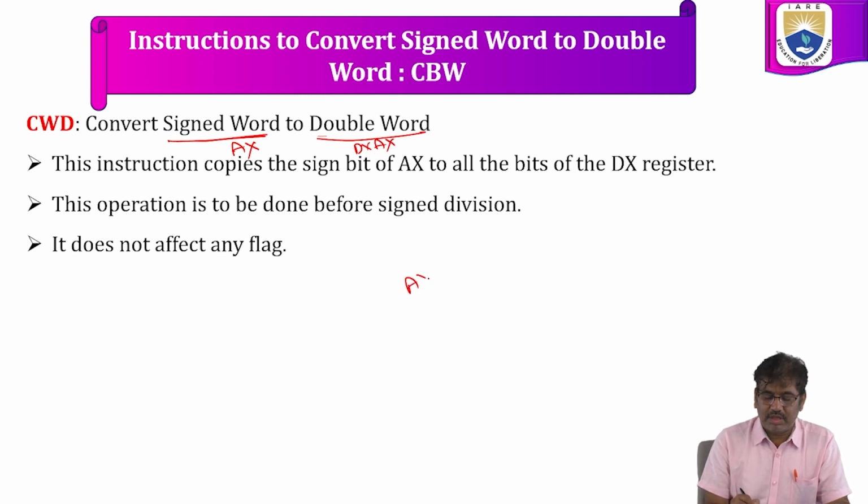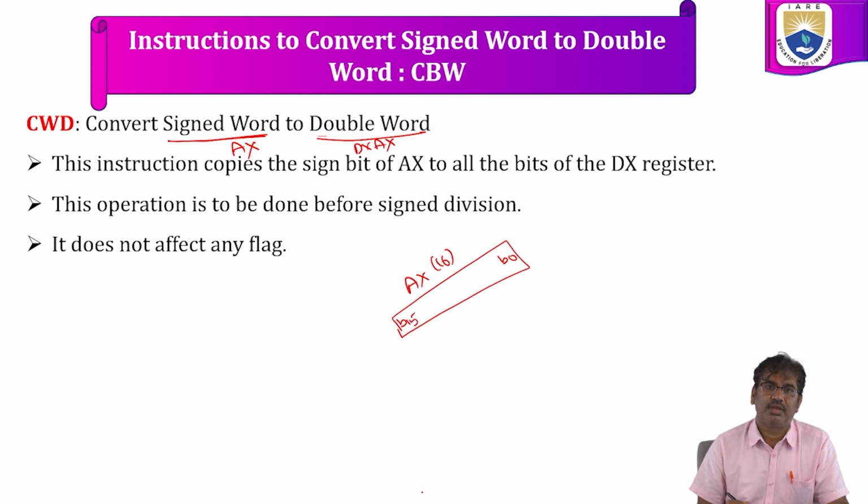So here, before executing CWD, the data is placed in the AX register, which is 16 bits, that is B0 to B15. Then we use the CWD instruction. No operands are there. The implicit operand is AX.